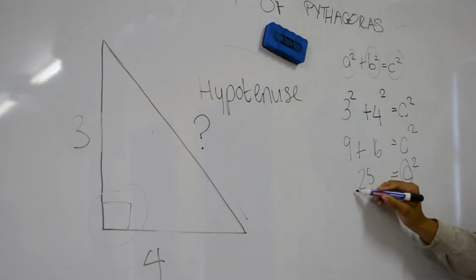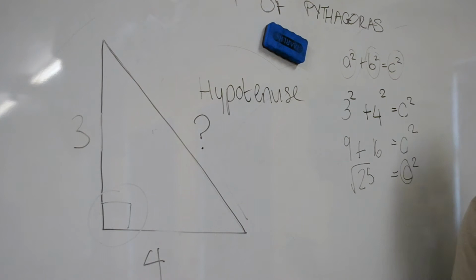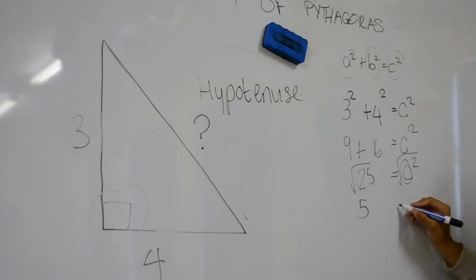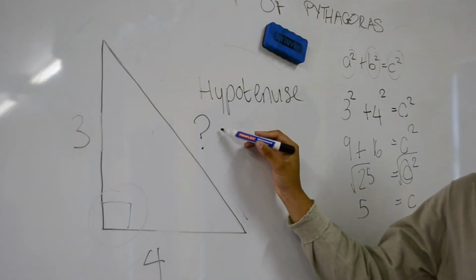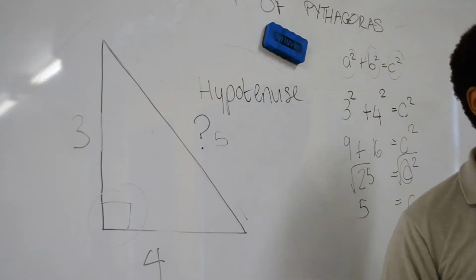I'm going to square root my 25 and also square root my c squared. The square root of 25 is 5, and the square root of c squared is just c. Therefore our unknown side is 5.